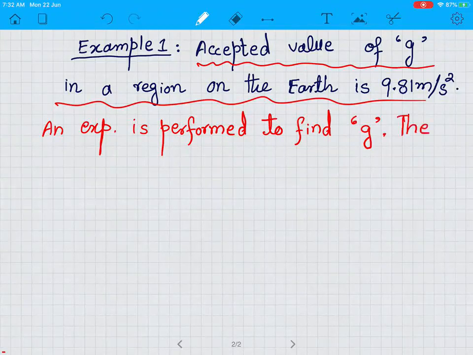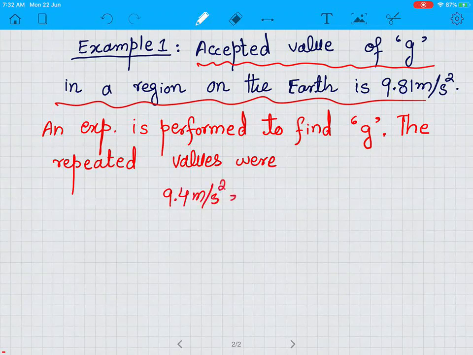The repeated values were 9.4, 9.6, and 9.8 meter per second square.